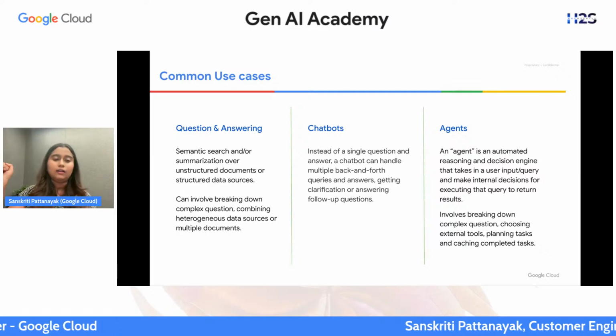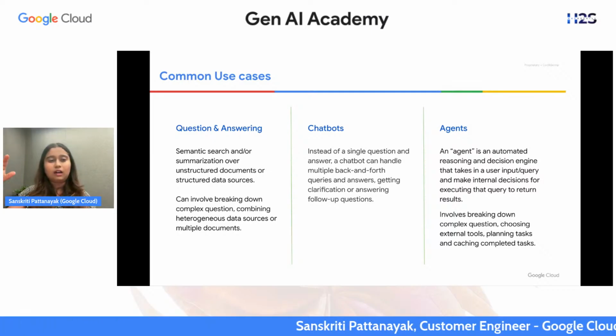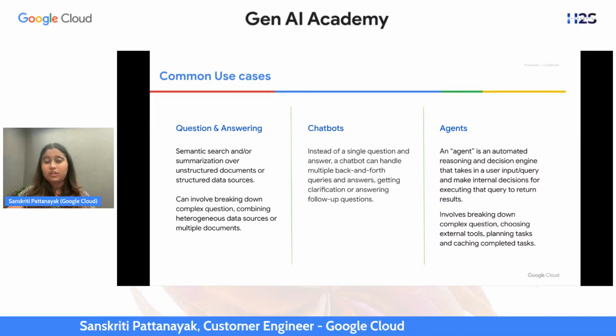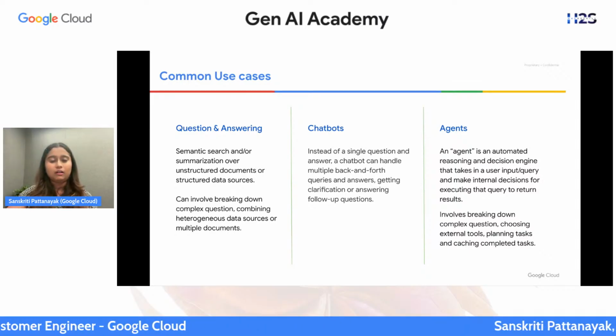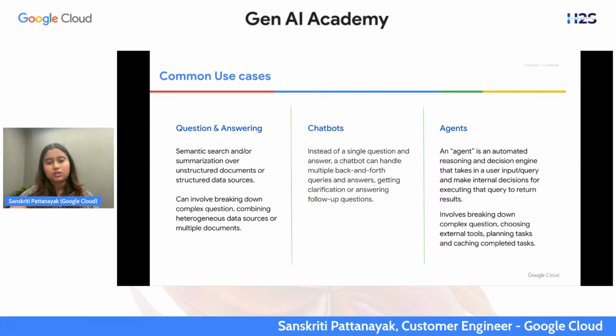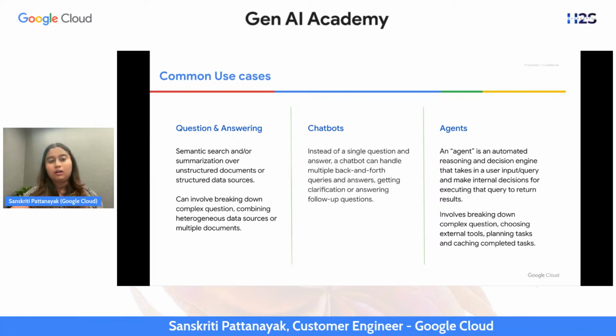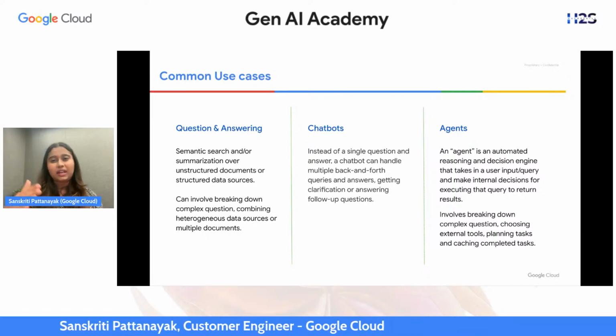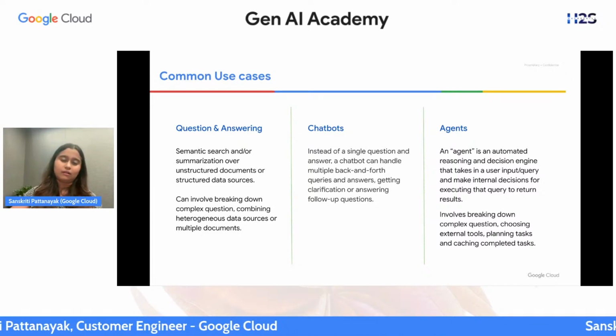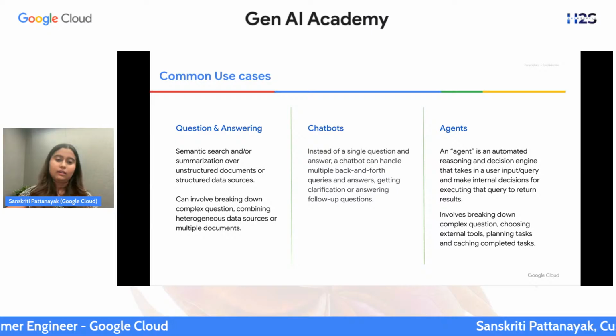Common use cases here are question answering models. So let's say I have a lot of FAQ documents, or the HR document example I gave. Let's say I want to build a chatbot for HR, right? A question and answer sort of chatbot for my internal users. How do I do that? How you would do this is basically create a RAG system for it and then create a chatbot on top of that, right?